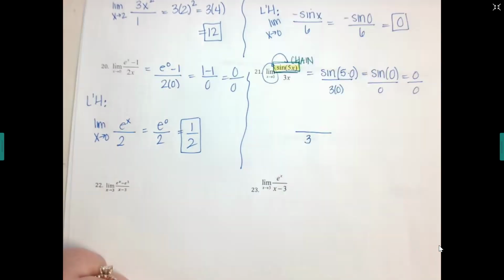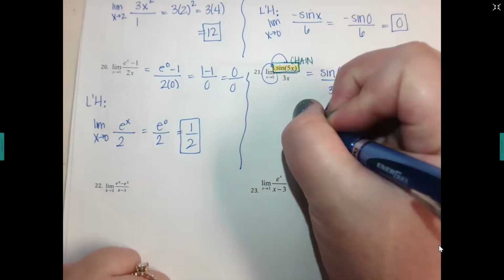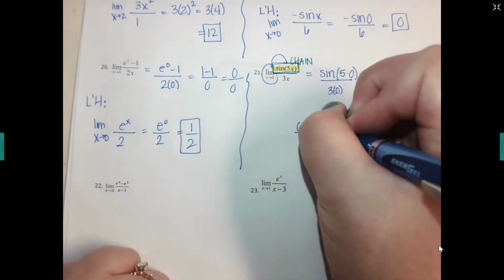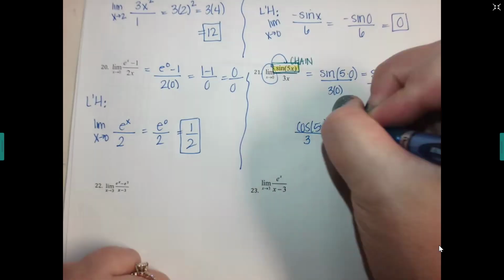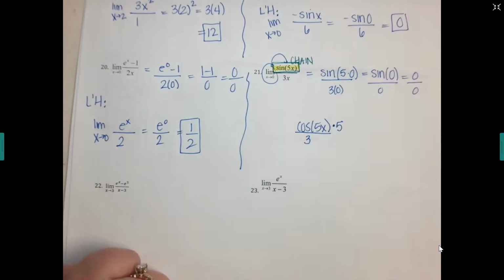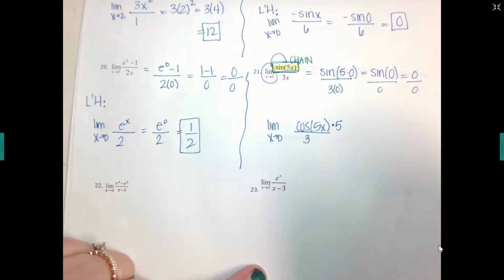You'll see this happen a little bit on those last questions of your homework from last time. So the outside layer is sine. What's the derivative of sine? Cosine. Remember, the 5x stays the same. But then I go in a layer. What's the derivative of 5x? Times 5. Very good. That's your chain rule part. And then you still retry the limit. But part of L'Hopital's rule could involve chain.